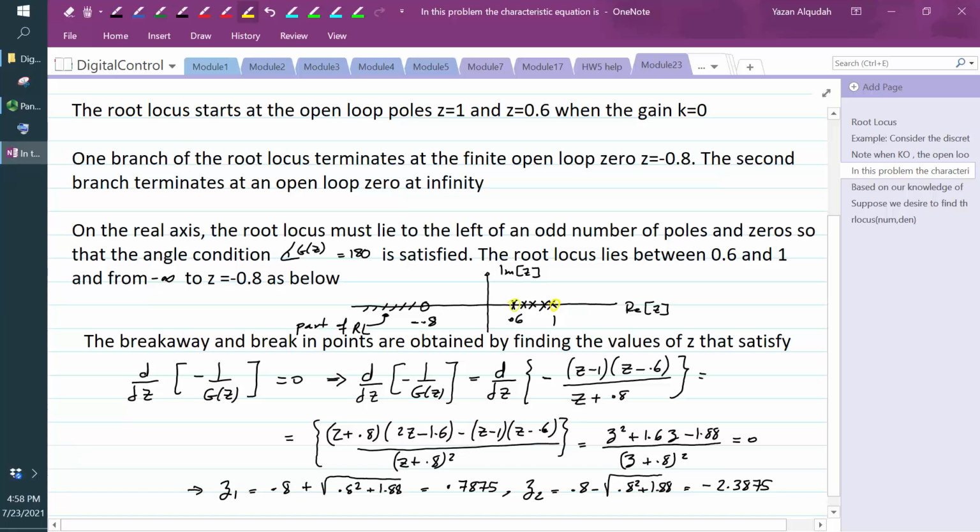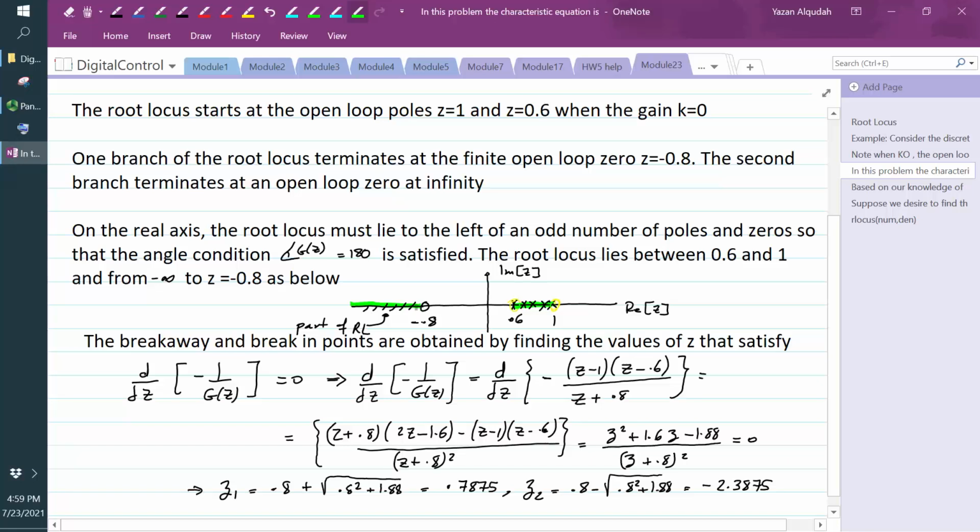The branches on the real axis that belong to the root locus are going to be to the left of an odd number of poles and zeros. So this green one is a branch that is on the root locus, and then the other one is going to be to the left of negative 0.8. Both of these in green are on the root locus.